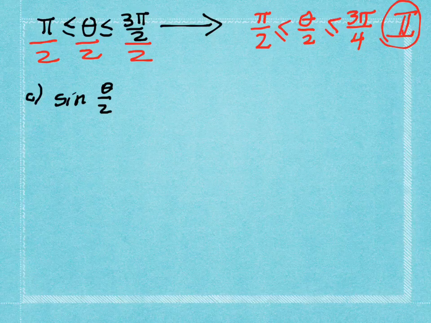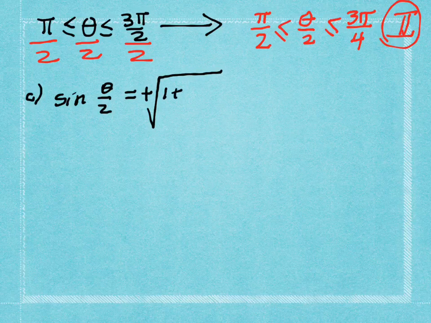So, in quadrant 2, is the sine value positive or negative? Positive. It is positive. Okay? Sine is y, right? The height, when we're talking about that. All right, and then this is the square root of 1 plus cosine of theta over 2.